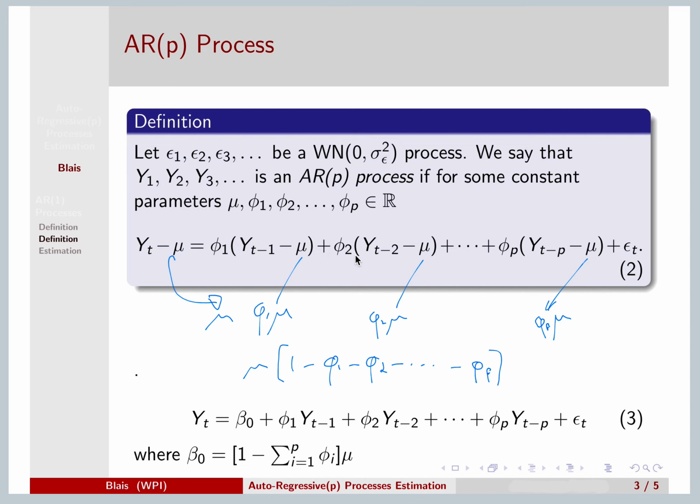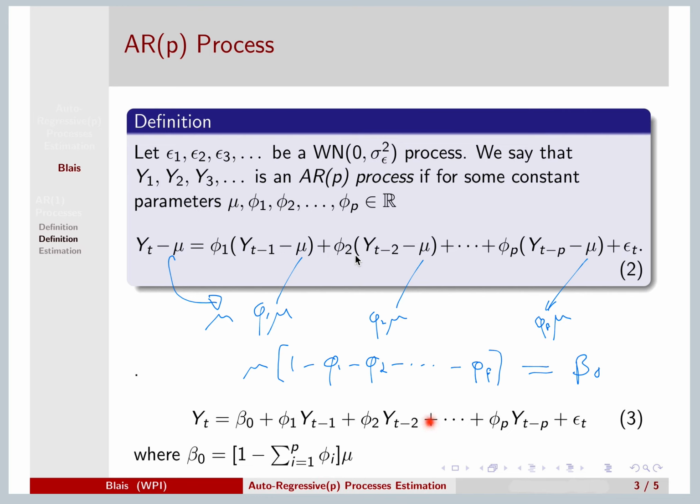And if we call this thing, by definition, beta naught, because it's a constant, notice that there's no y's appearing here, then we can rewrite this equation, equation 2, as equation 3. So we have this term here, this beta 0, and then you still have the phi 1 y_{t-1}, phi 2 y_{t-2}, phi p y_{t-p}, and the epsilon t.